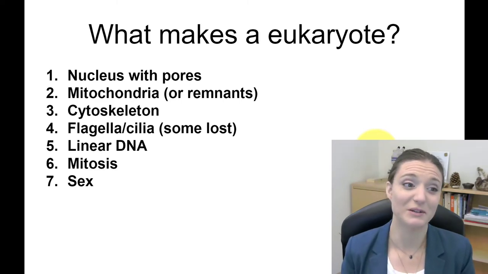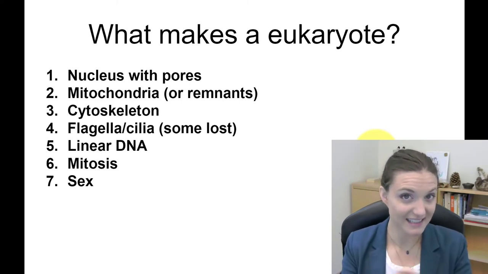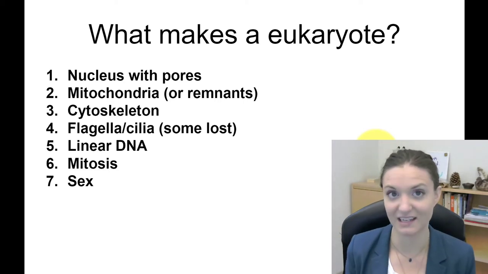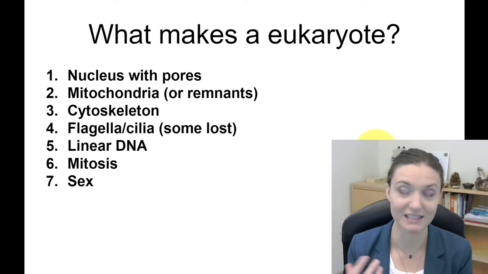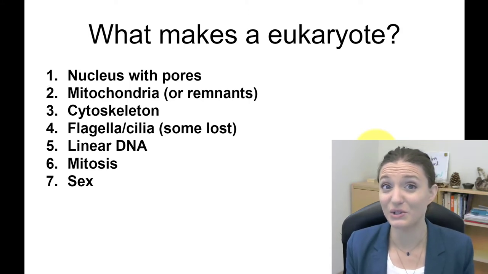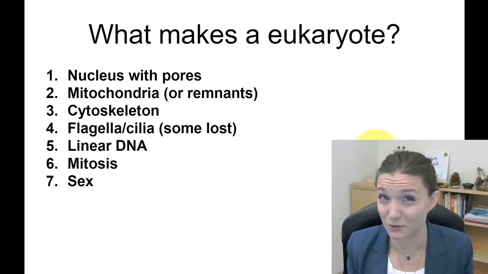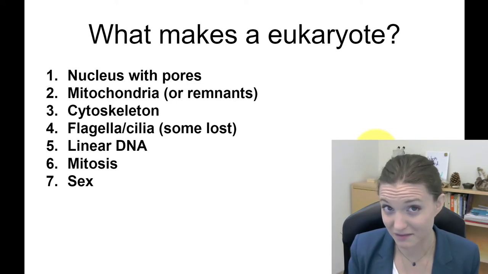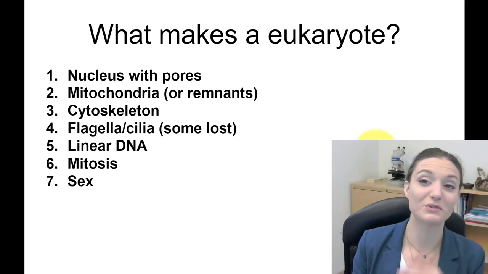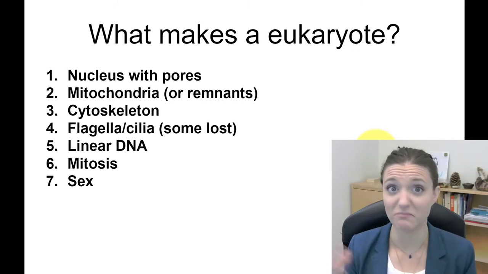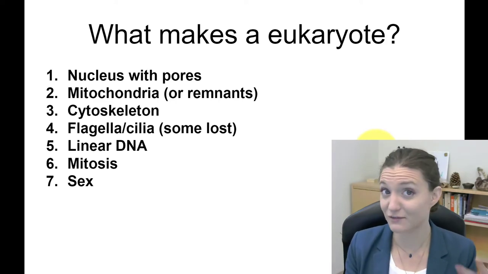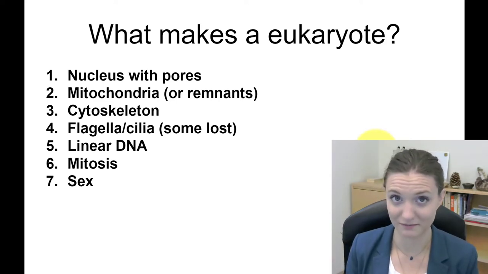Okay, so mitosis is slightly different because we have to divide the DNA in the nucleus, and then the rest of the cell divides. So it's a slightly different process, but it's the same basic idea of cell division. And eukaryotes are sexually reproducing organisms. They might not reproduce sexually all the time, but for most eukaryotes, they do have that option of mixing genes with another individual to increase the genetic diversity of their offspring.